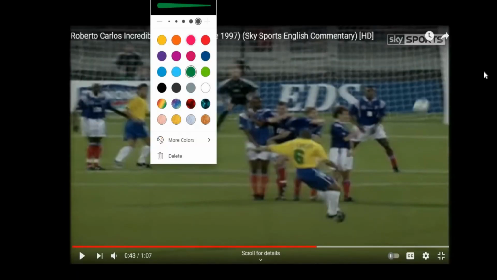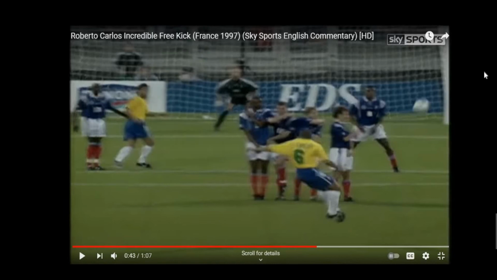In the diagram, Roberto Carlos, legendary Brazilian footballer, strikes the football tangentially. So this is the football which he strikes tangentially, and he applies a force tangentially on the football.